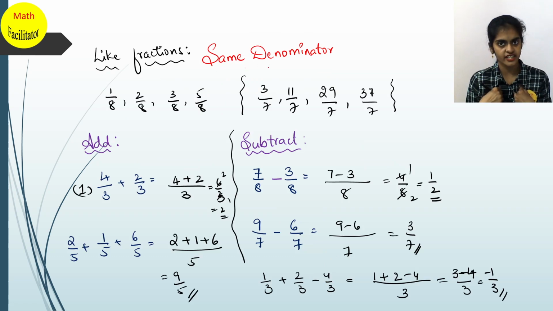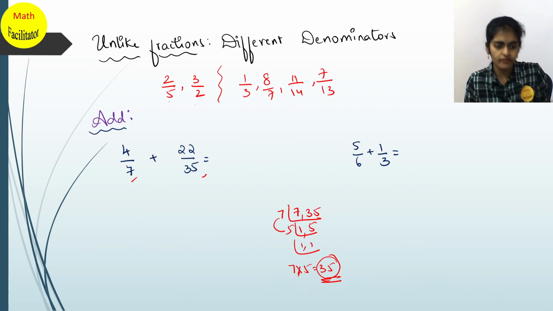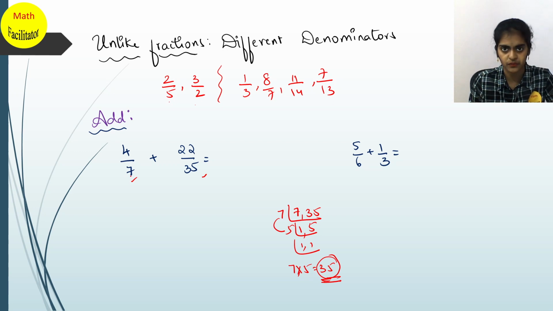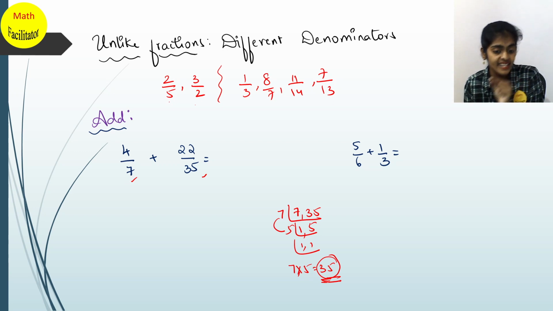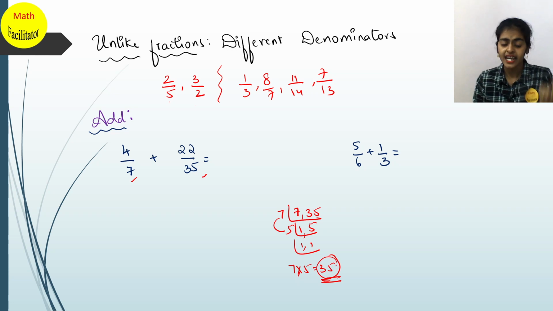So my concentration is on the denominator. Denominator is 7 here. But I want the denominator as 35. Whatever LCM you are getting, that LCM should be your denominator. Okay. I want my denominator to be 35. So what will I do to make the denominator 35? I will multiply this 7 by 5. 7 5s are 35. So now this denominator will be 35. Clear?